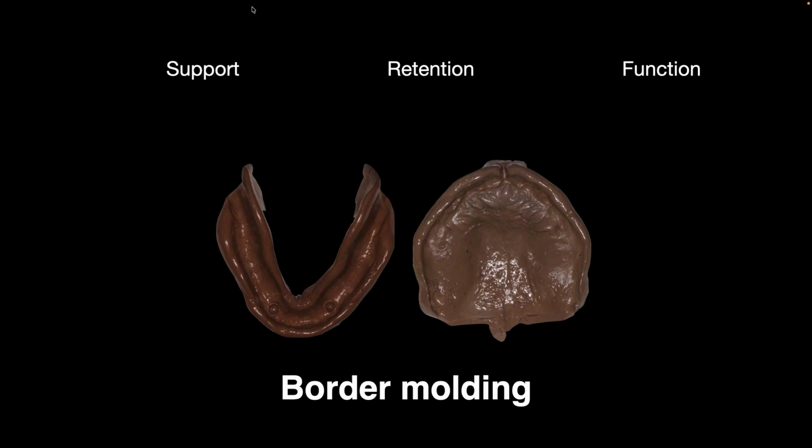Border molding is what traces all these anatomical elements in function so that our denture can interact properly with them, and so that our denture is not overextended or underextended, which in both cases can compromise our border seal, okay? And that's why we border mold.